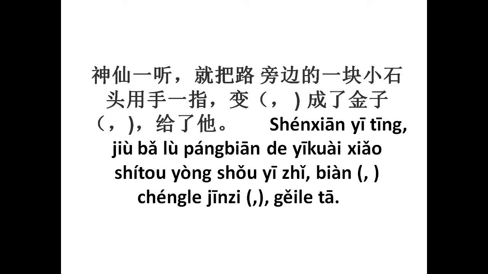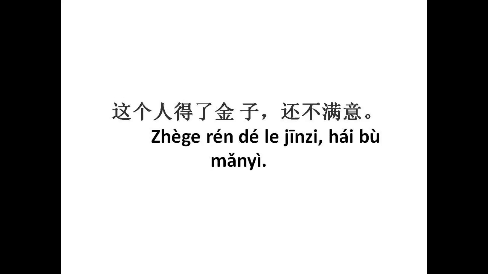So after listening that his old friend is having a very difficult time these days, the immortal picked up a stone from the side of the road and using his finger turned it into gold. 这个人给了金子, this man got gold. 还不满意. Still he was not satisfied.